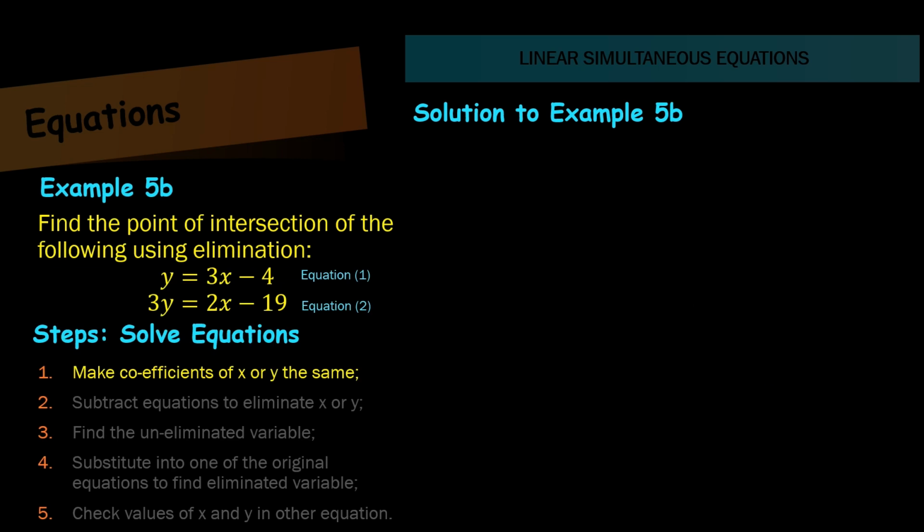We must either make the coefficients of x the same or the coefficients of y the same. We will proceed to make the coefficients of y the same. Multiply equation 1 by 3 to give 3y equals 9x minus 12.